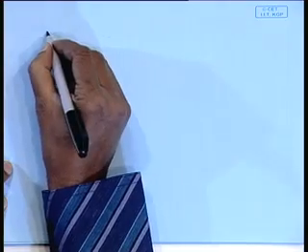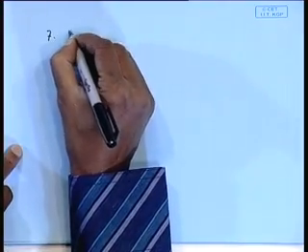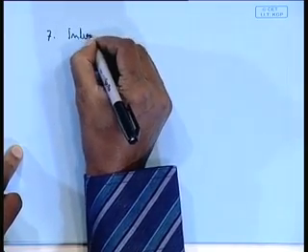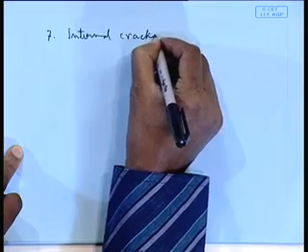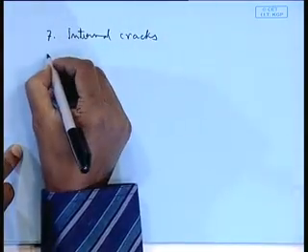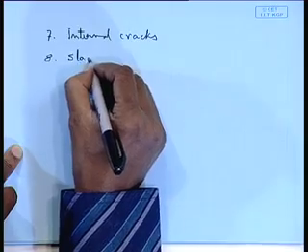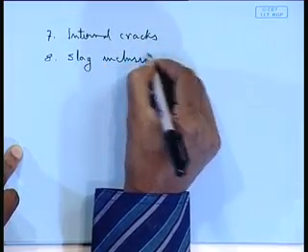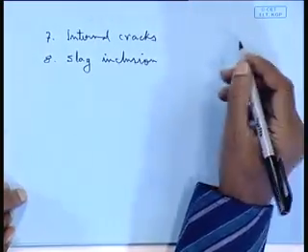Then you have internal cracks. Once we have talked about surface cracks, there can be internal cracks, right. There is something called slag inclusion. Slag inclusion, the name suggests what it is.